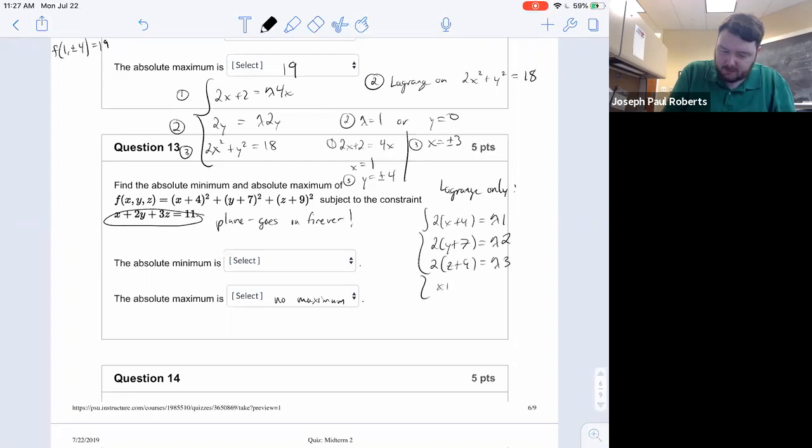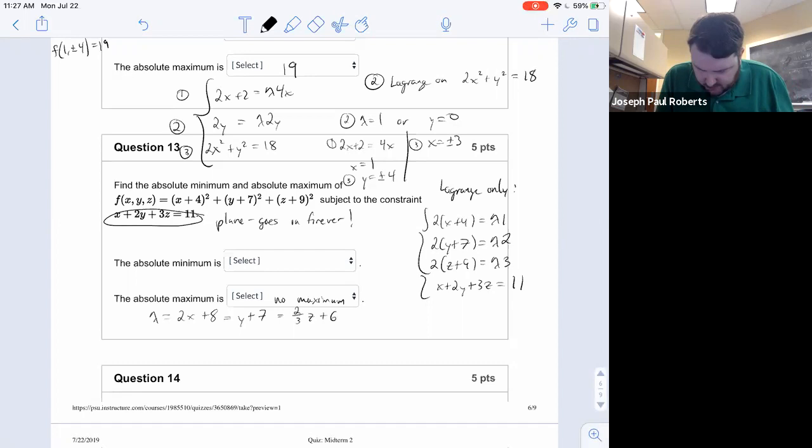And then x plus 2y plus 3z equals 11. So if you solve for lambda in each of these equations, you can get that lambda is 2x plus 8, and that's equal to y plus 7, and that's equal to 2/3 z plus 6.